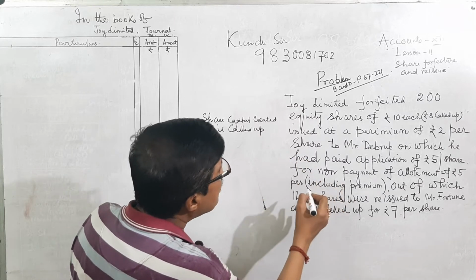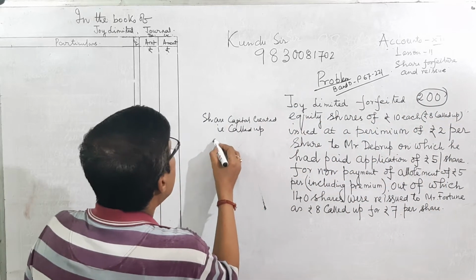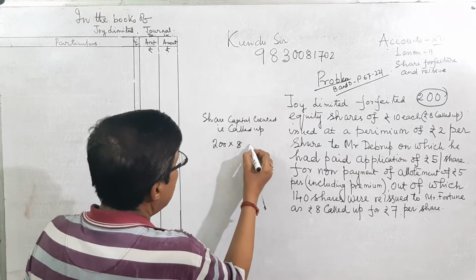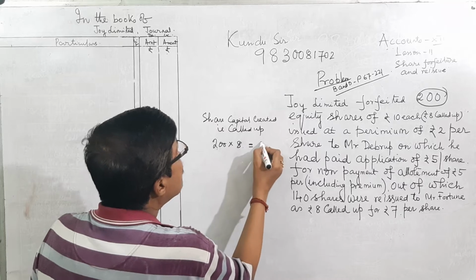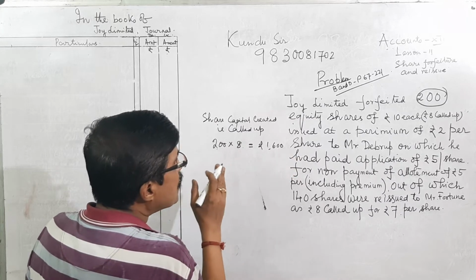How many shares? It is 200 shares, and called up value equal to 8. That is equal to 1600. That is called up value.